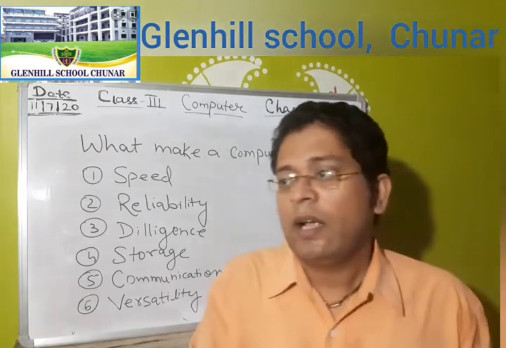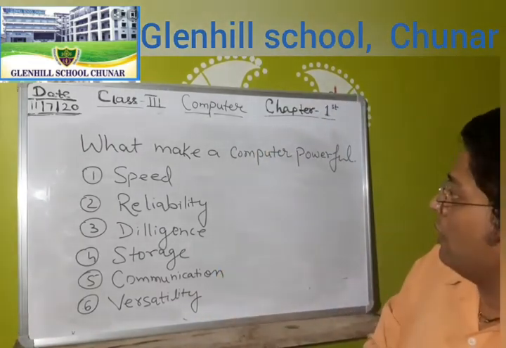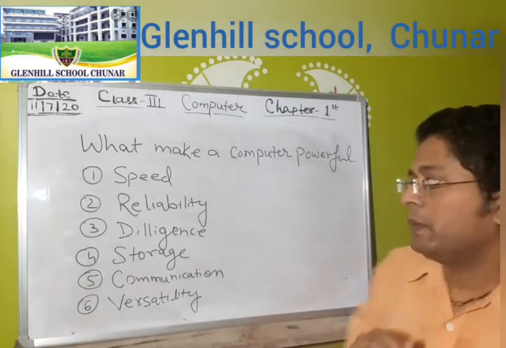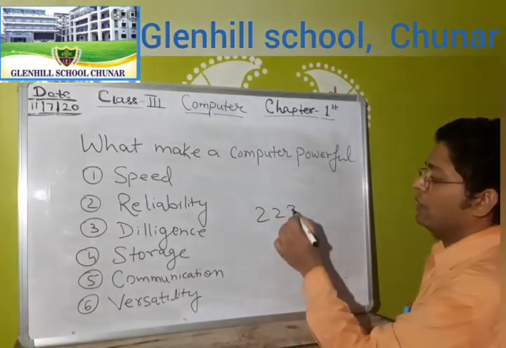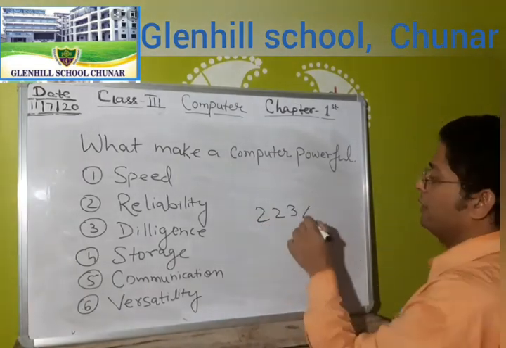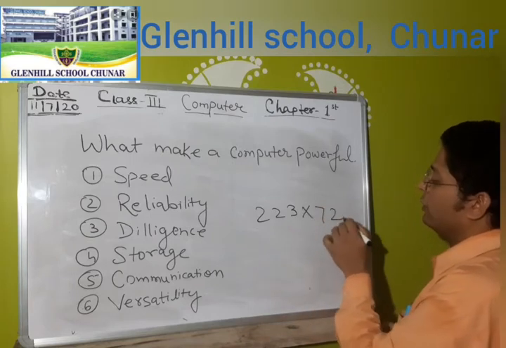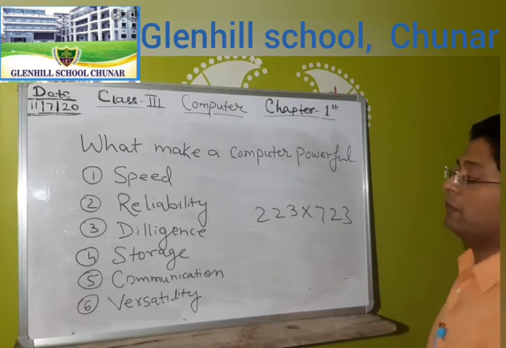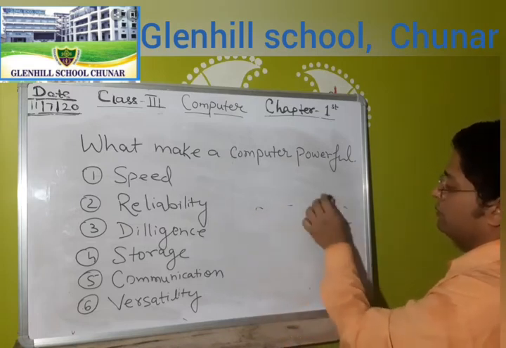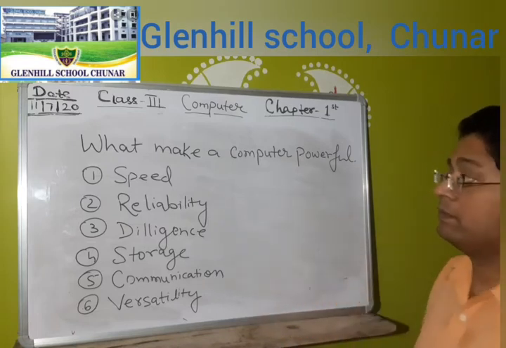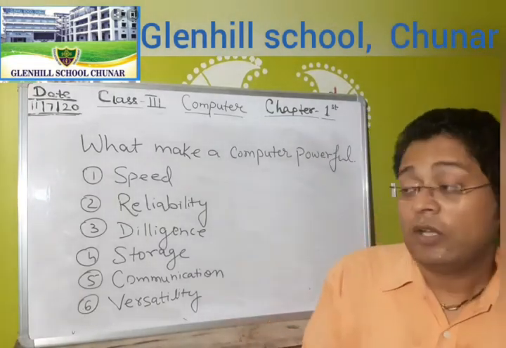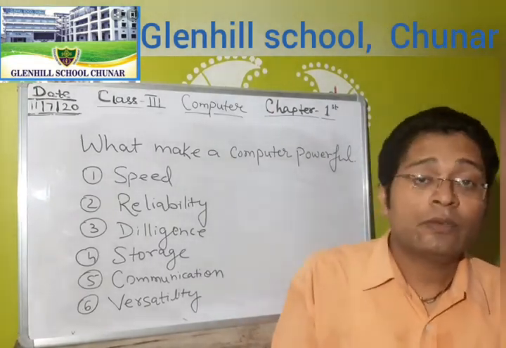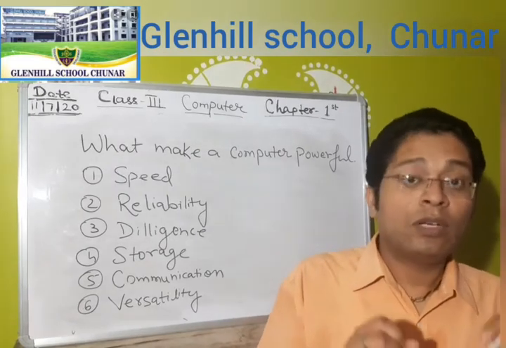Okay, students, I will give you a multiplication: 223 into 723. You will take some time, but for the computer it is no matter. So the computer has a most powerful speed.